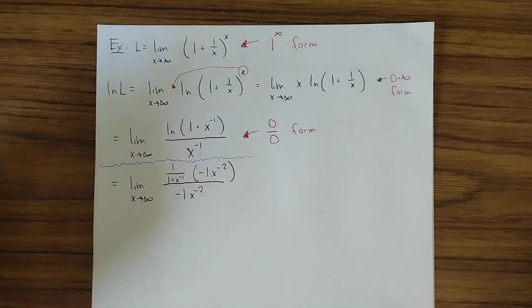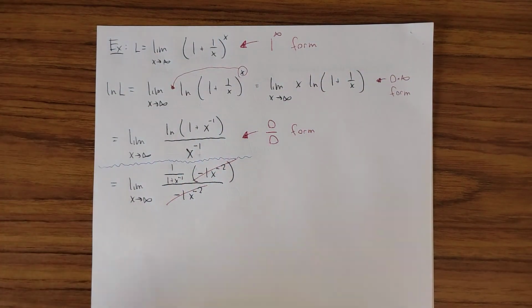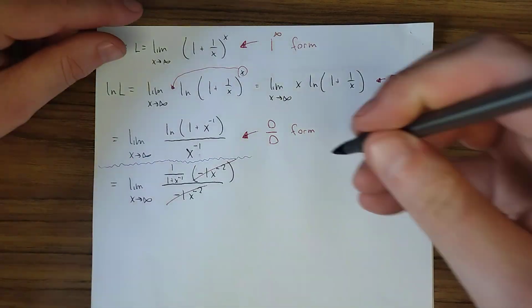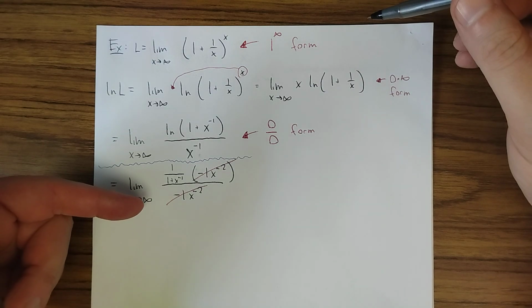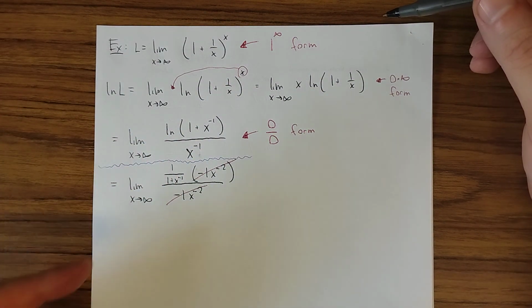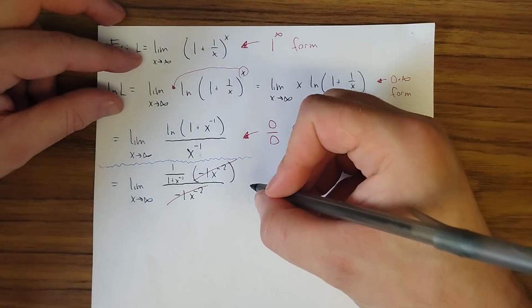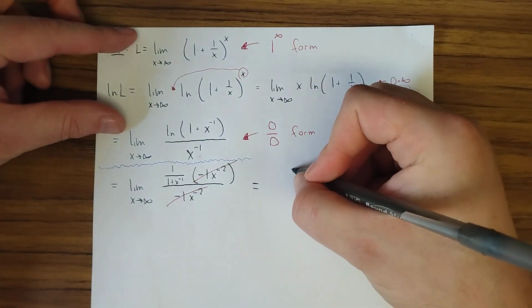And now let me clean this up. In particular, bam, that makes me happy. And now I look at this again, x is going to infinity, x to the minus 1, that's the same as 1 over x, so that goes to 0. So actually, I know what happens here.